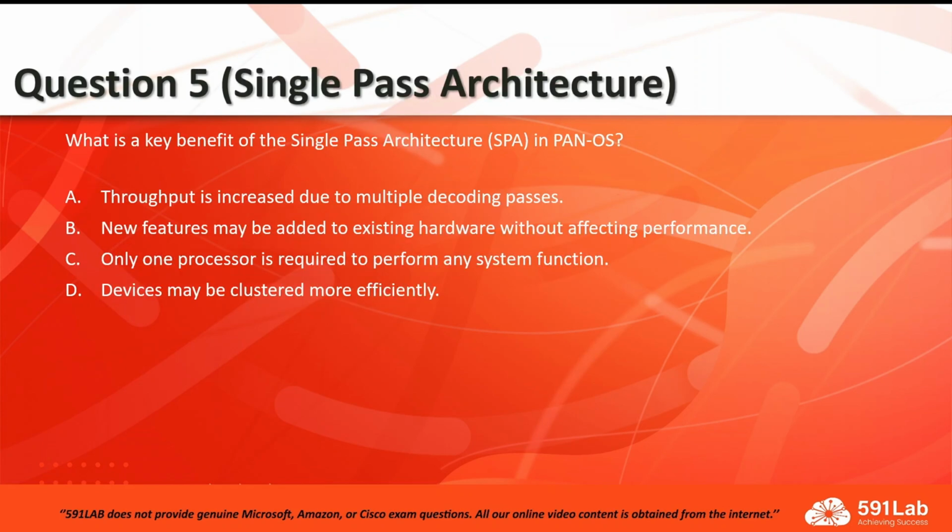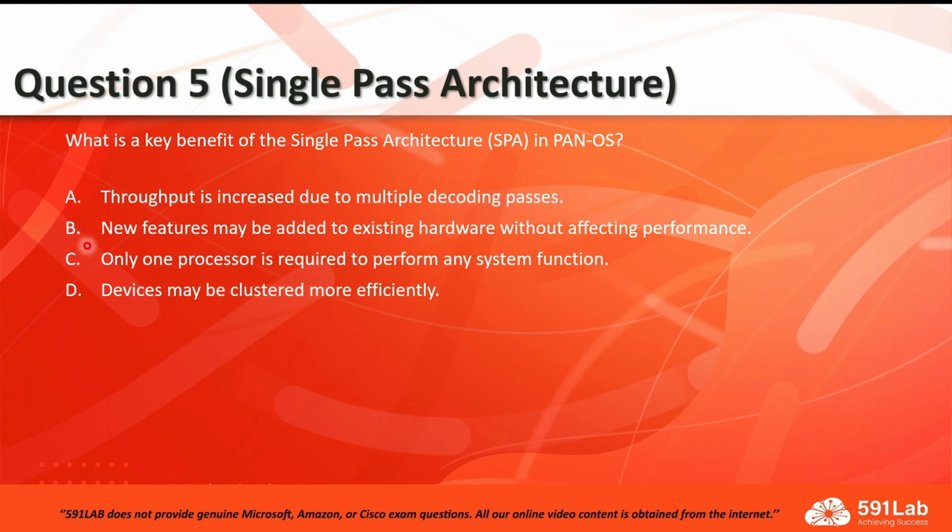Let's go to question number 5. These questions will be about Palo Alto Networks single pass architecture. The question is: what is a key benefit of the single pass architecture or SPA in PAN-OS? The options are as follows. A. Throughput is increased due to multiple decoding paths.